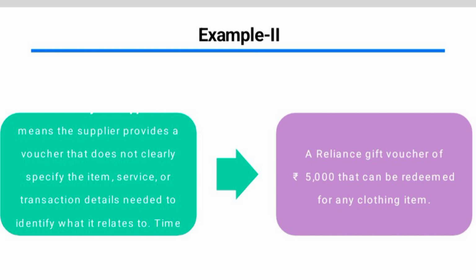So when some of your friends ask you what the concept is, you can clarify it clearly: when the specification is identified, when the voucher identifies where it will be redeemed or the specific goods for which it will be redeemed, then it is the date of issue of the voucher; not identified, redemption of the voucher. So this is a specific case.